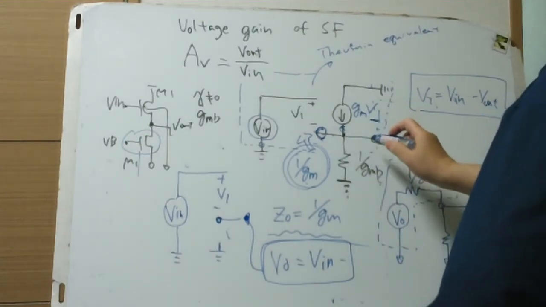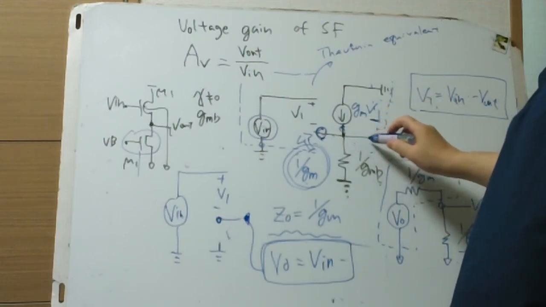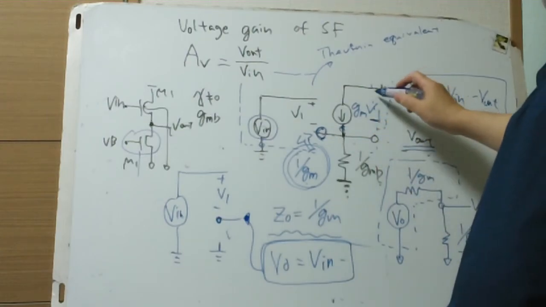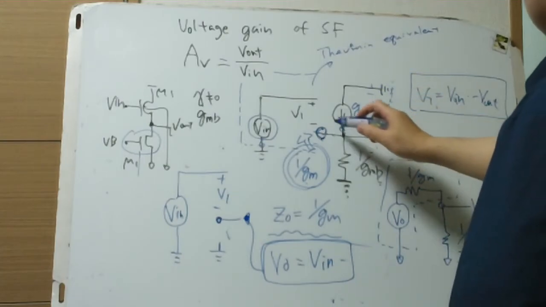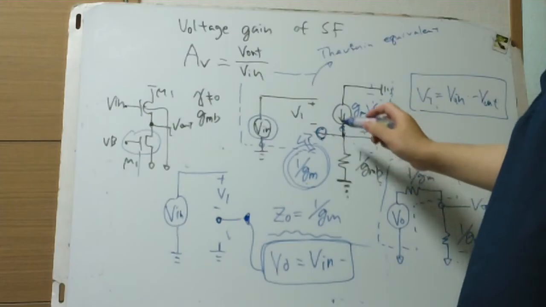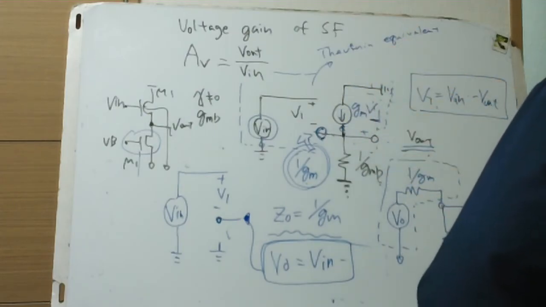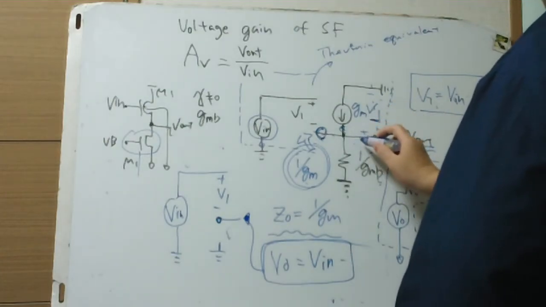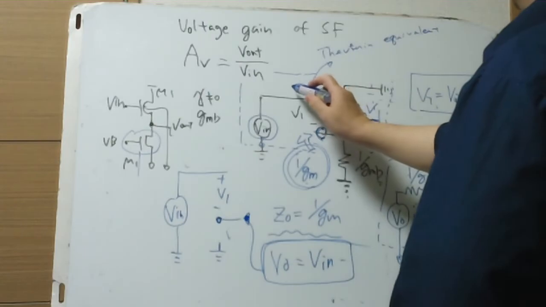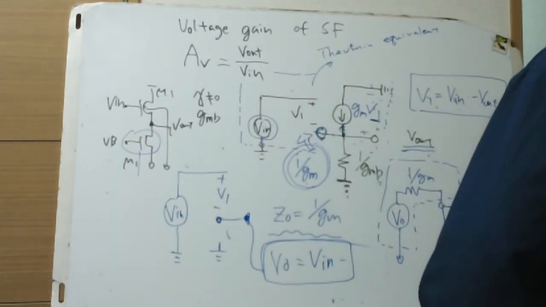GMB1, this voltage to this voltage, V out, from this to this equals V out. This is not exchanged to 1 over GM. This is V1. The V1 equals V out to Vin. Vin minus V out equals V1.